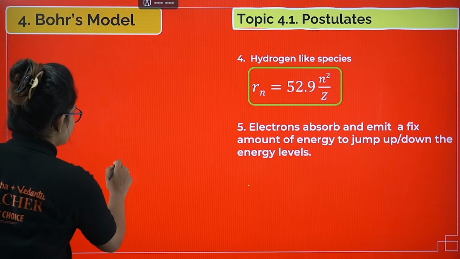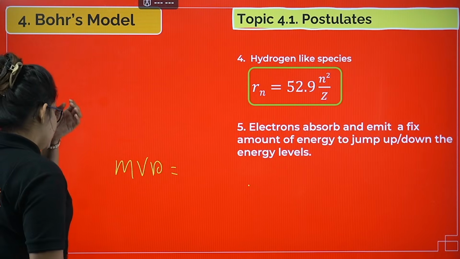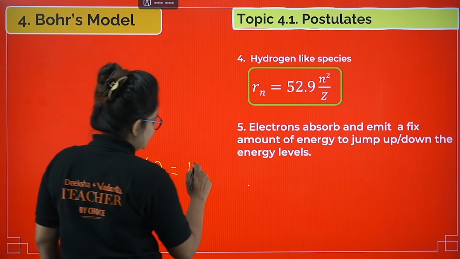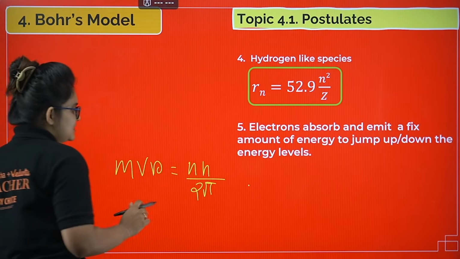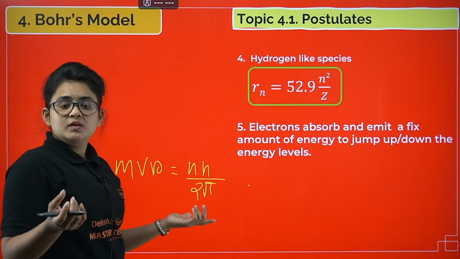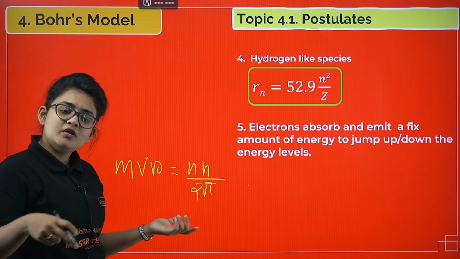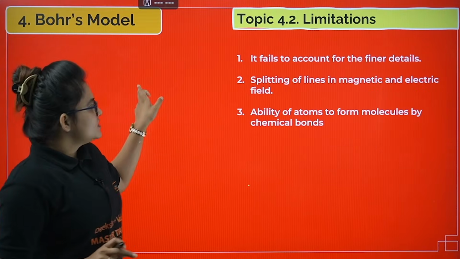So one more formula is mvr, which is the orbital angular momentum, and it should be n times h by 2 pi. This is another formula where the angular momentum value will be n times h by 2 pi. Only in those orbits will the electron rotate. Okay, I guess it's clear.